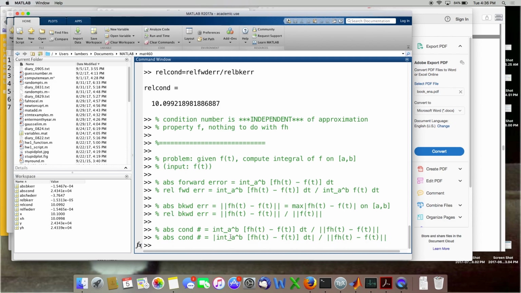Okay, so it's the absolute value of this integral divided by this maximum value down below. Now, the absolute value of an integral is less than or equal to the integral of the absolute value. So you can move the absolute value signs inside the integral as long as you replace it with less than or equal to.